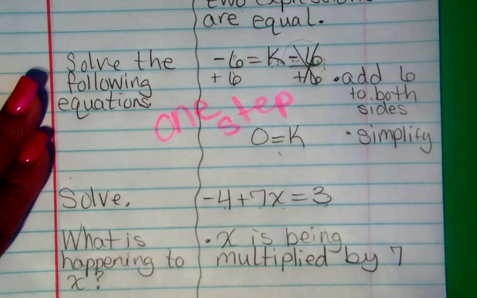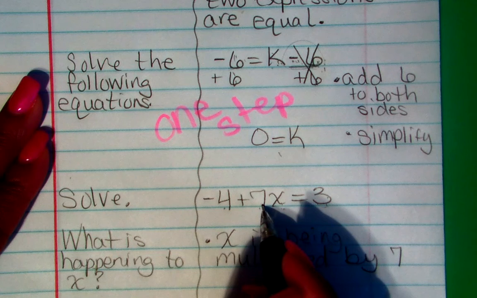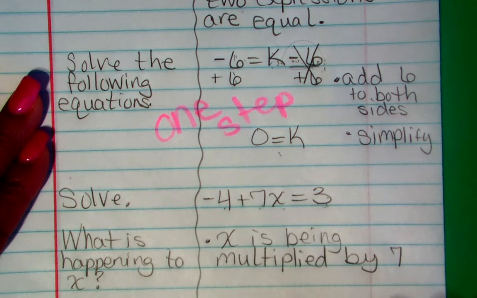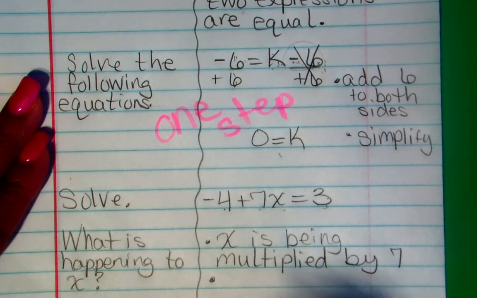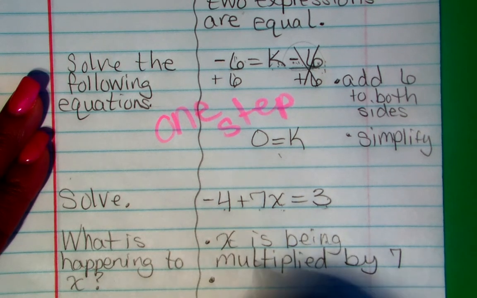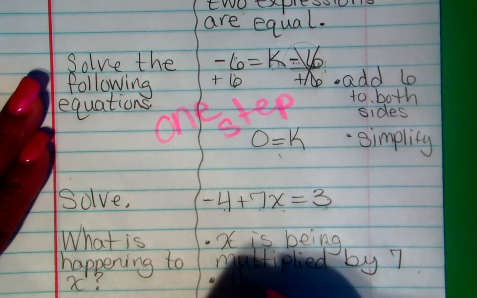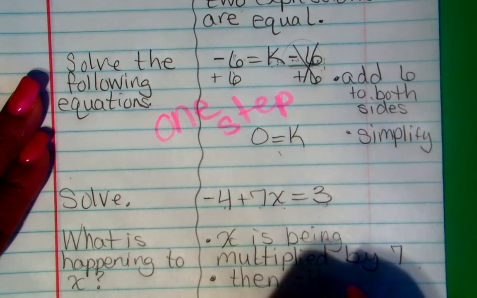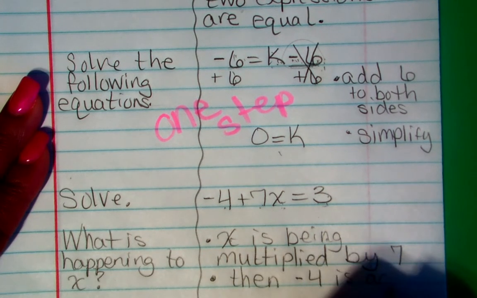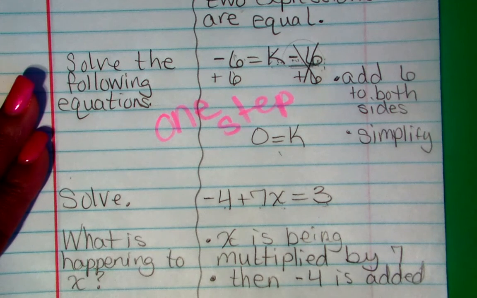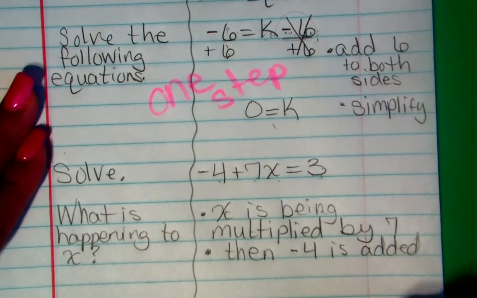That's one thing. After x is being multiplied by 7, then what happens? Then you want to say x is being multiplied by 7, then -4 is added. Okay. So we have that there.